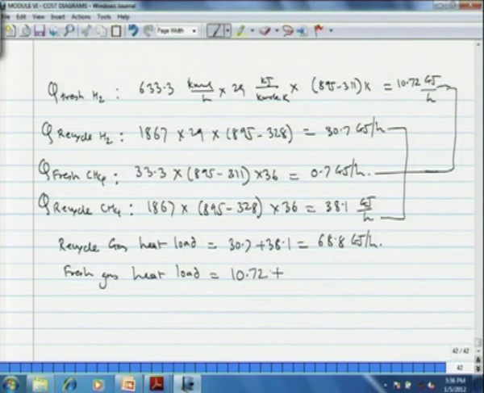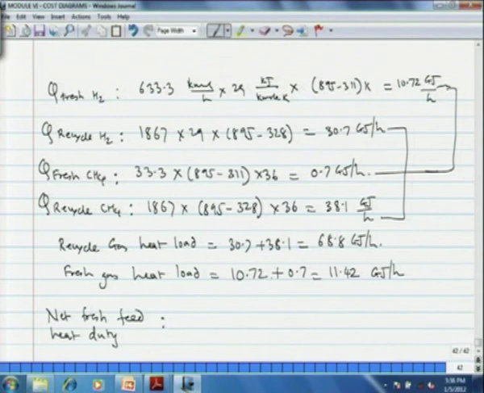0.72 plus 0.7, so 11.42 gigajoule per hour. Now, when we say net fresh feed heat duty, we have to add up the heat duty for fresh toluene, fresh hydrogen and fresh methane.